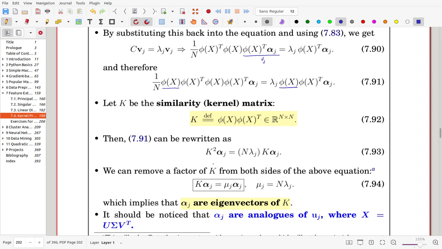K may not be invertible. However, we may eliminate one K. Then this vector may be changed, but it only affects the null space. If we define this portion as mu_j, then that becomes an eigenvalue problem.